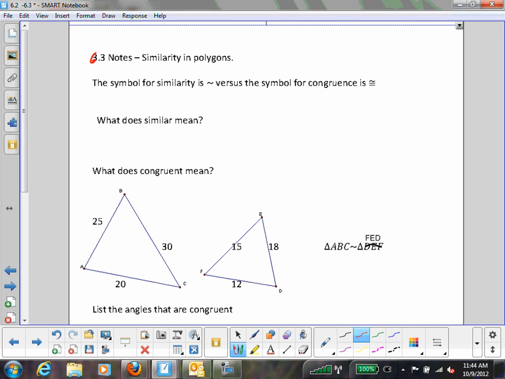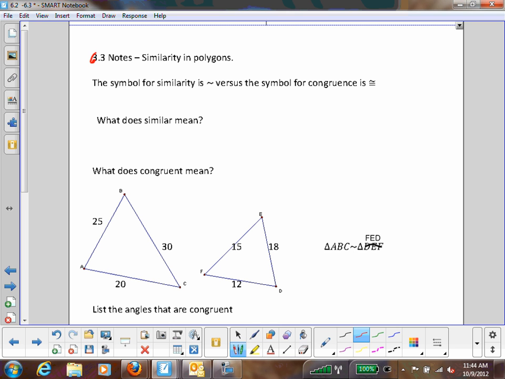Anybody know what we are saying when two figures are similar? What do you think, Mary? Okay. So the shapes are, yes. What else can we say, Gabby? The angles are equal, but the segments don't have to be equal.